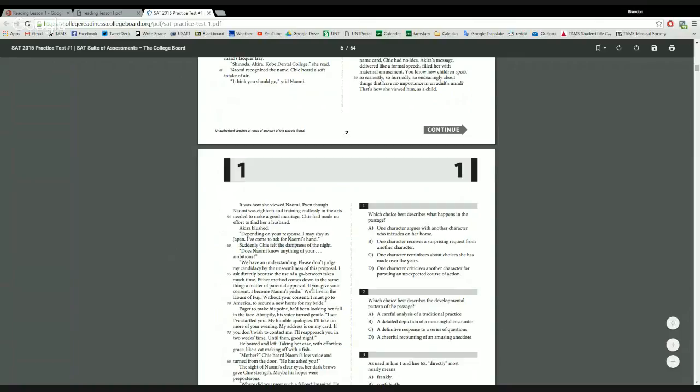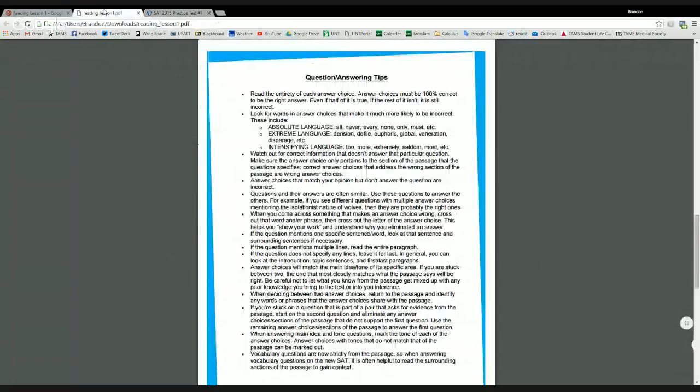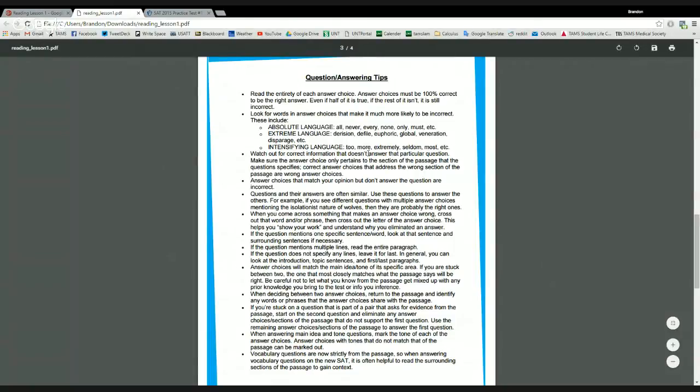Make sure you read around line 60 and the answer choice isn't about somewhere in line 50, because the answer choice should only be in context somewhere around that line given. So don't use any other part of the passage to answer a question that specifies somewhere specifically in the passage.